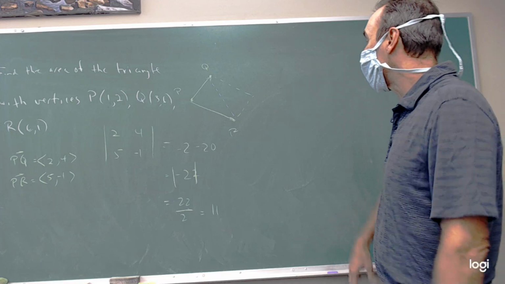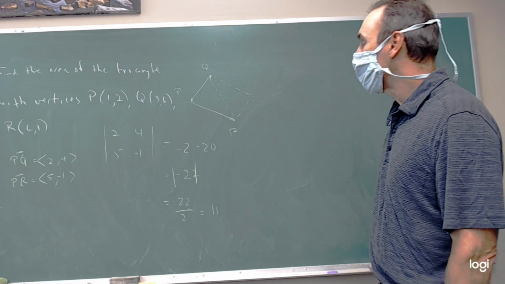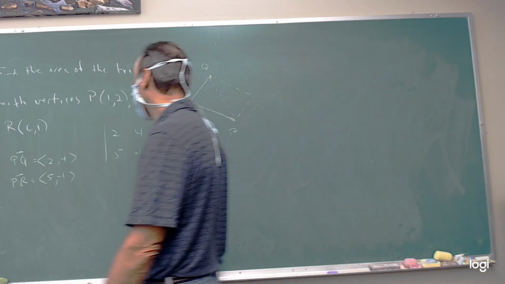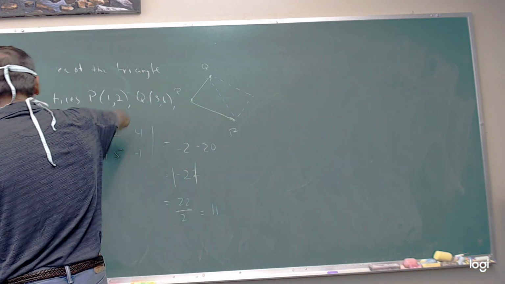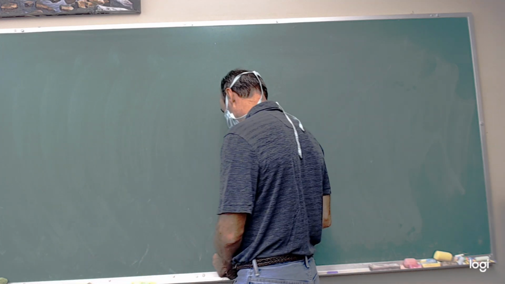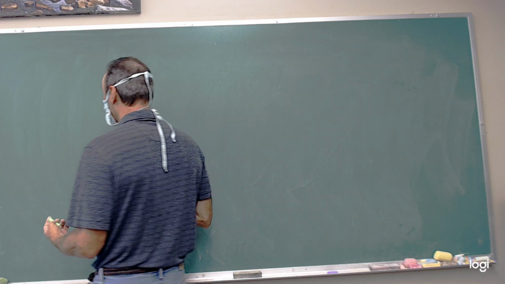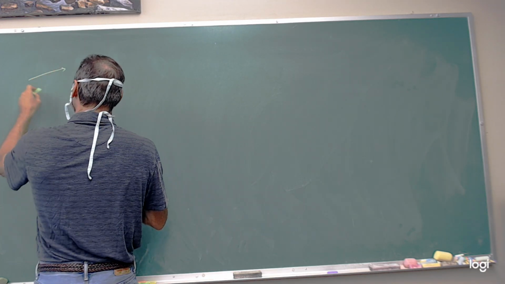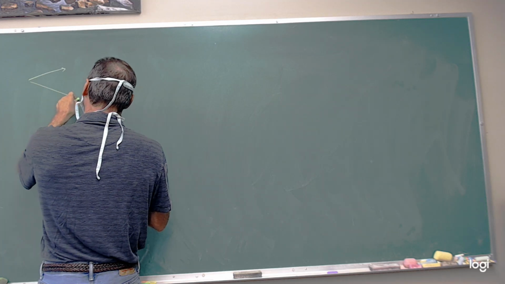So let's step up a dimension. What do you think? 3D. What's it going to look like in 3D? We're not talking area. Talking volume. It's not going to be the volume of a parallelogram. So now here you got to really visualize. Imagine you got one vector, another vector.